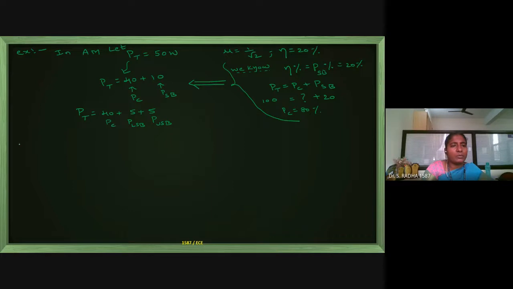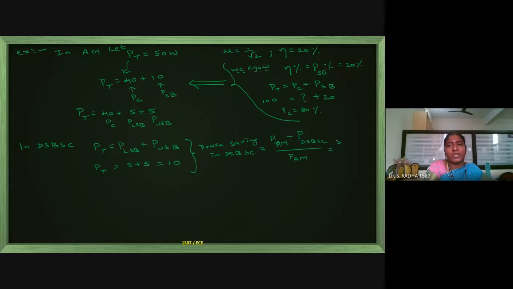Okay. Now, in DSBSC, total power is nothing but sideband power only, lower plus upper. Carrier is removed. So the total power is nothing but 5 plus 5, which is 10. And hence, power saving in DSBSC is nothing but total power in AM minus power in DSBSC, divided by power in AM.